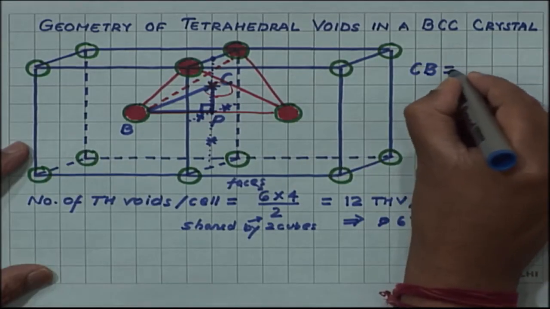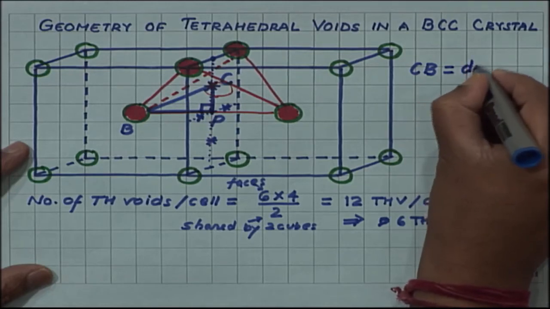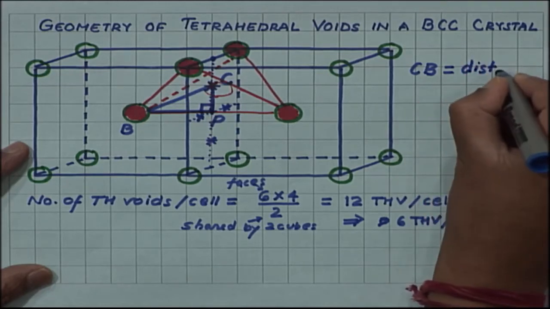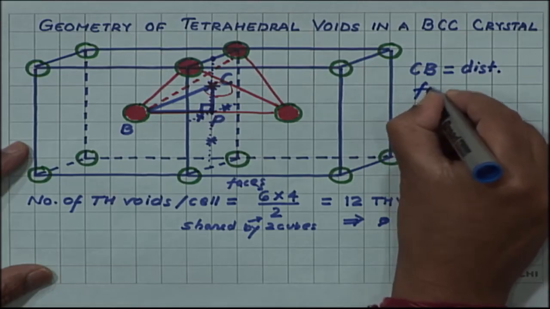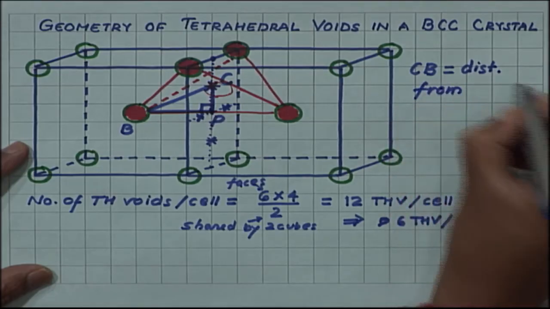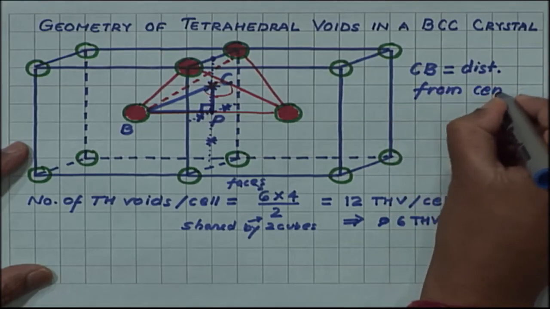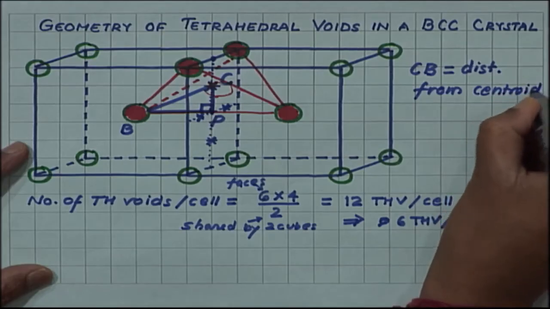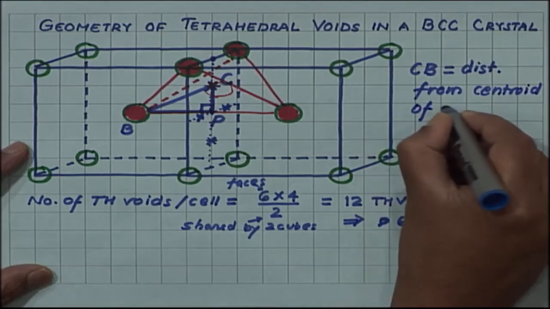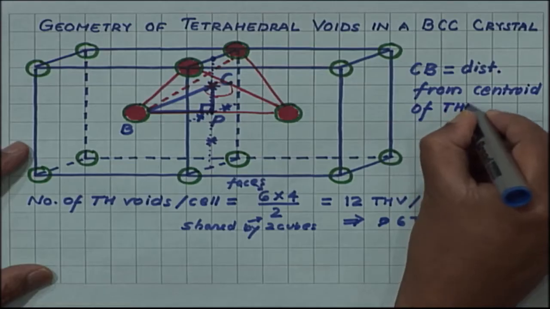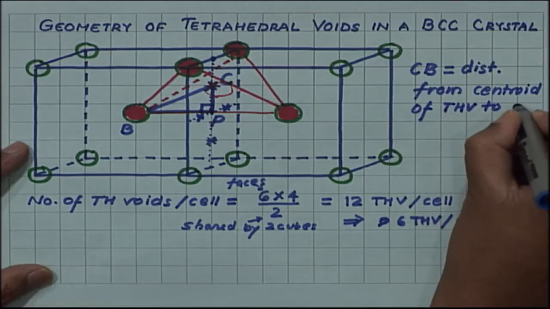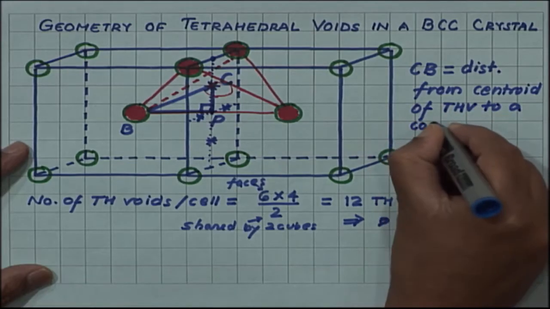CB is equal to the distance from the centroid of the tetrahedral void to a corner.